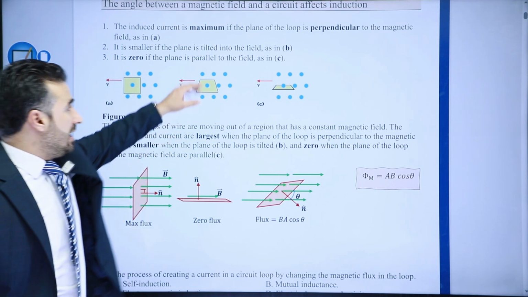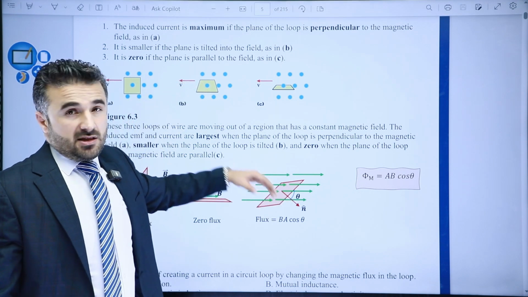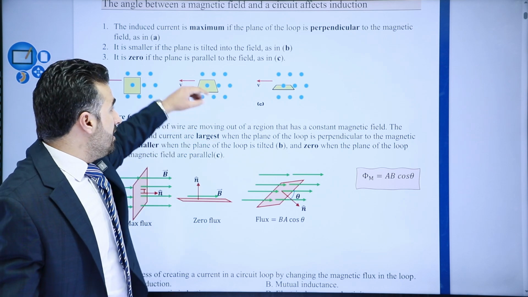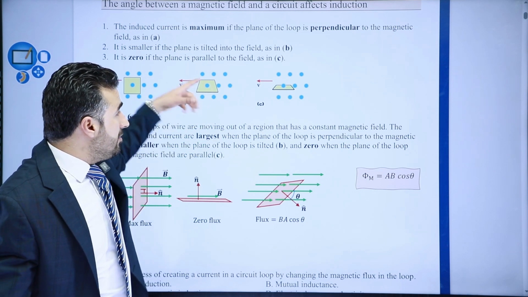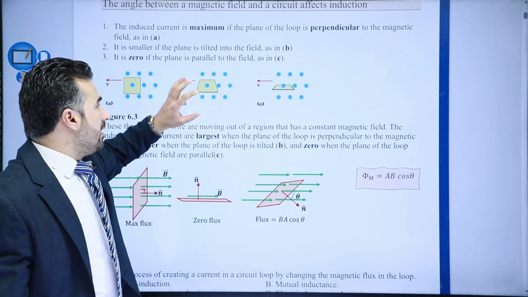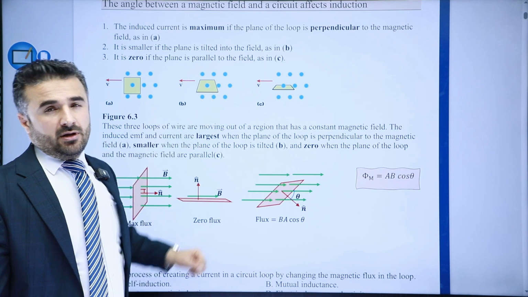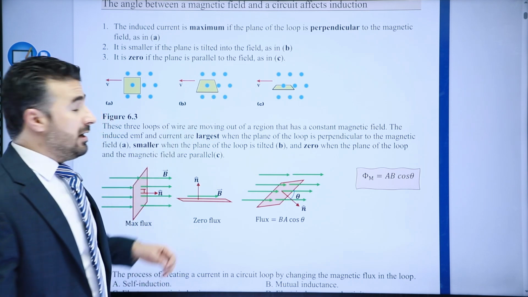And we said that it will be less if it is tilted at some angle, as you can see here, or this one here, that is the direction. You can see that this coil is cutting the magnetic field lines, but not perpendicularly, or you can say the magnetic field lines are not perpendicularly crossing the cross-sectional area of the coil here.